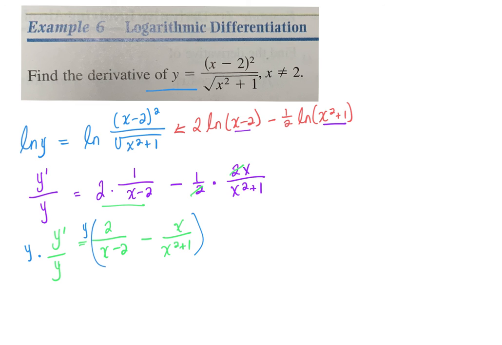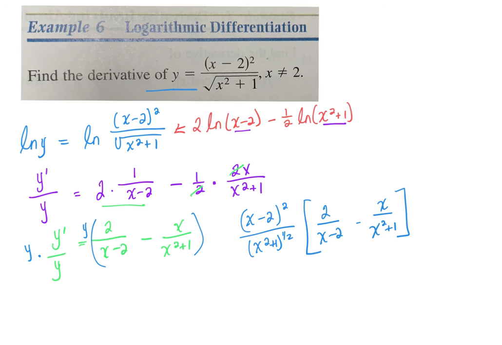So I am going to say then that x minus 2 squared over, I'm going to write it, x squared plus 1 to the 1/2, multiplied by 2 over x minus 2 minus x over x squared plus 1.